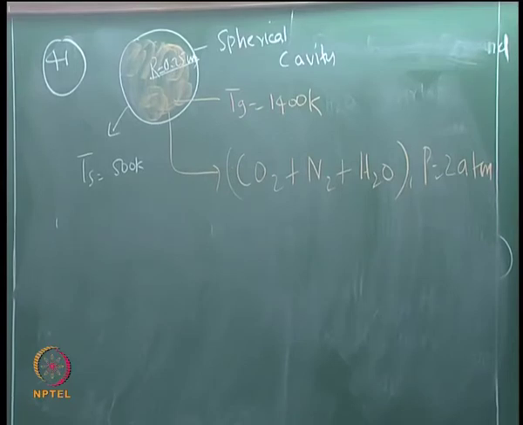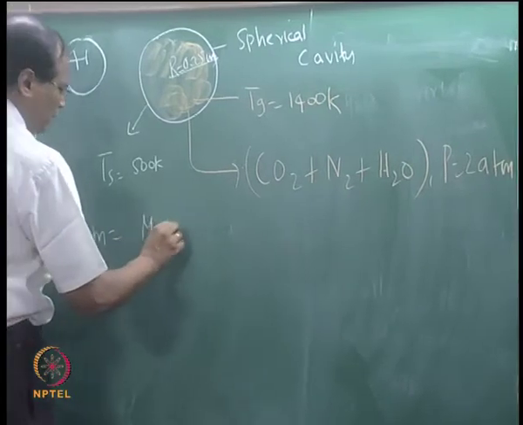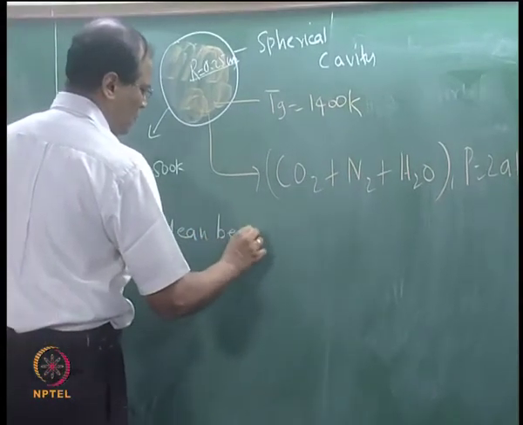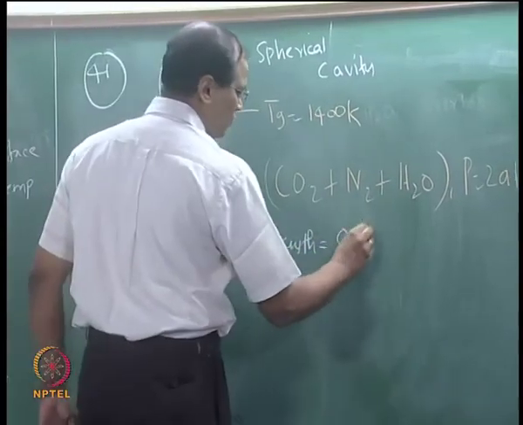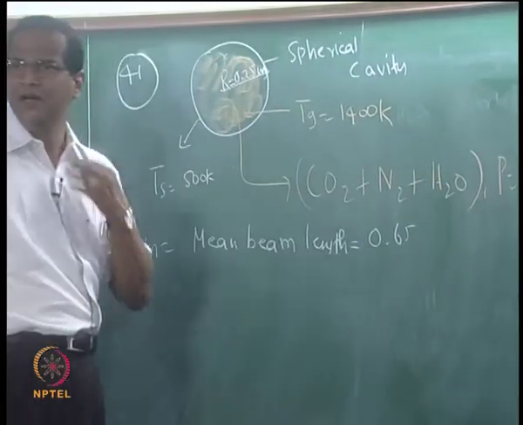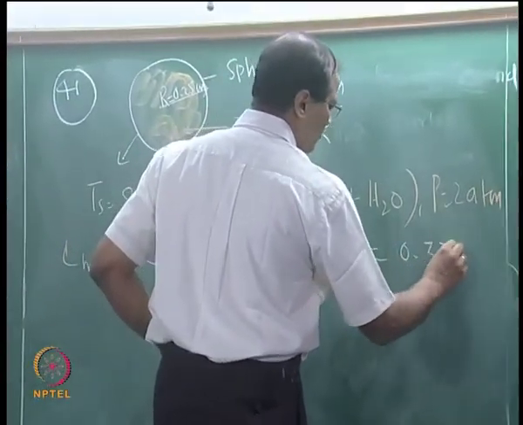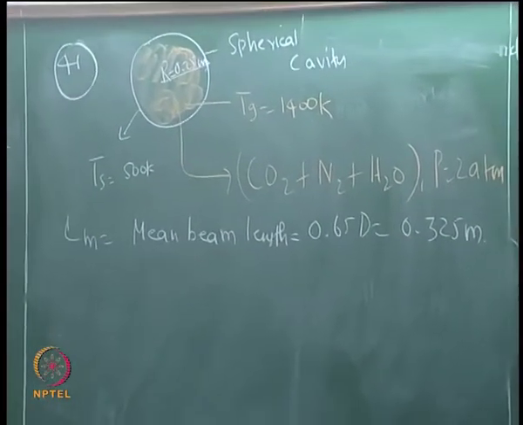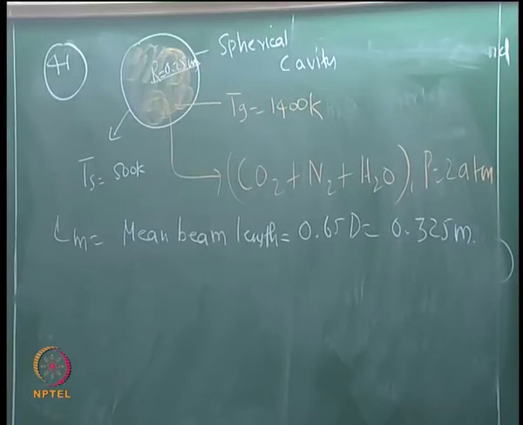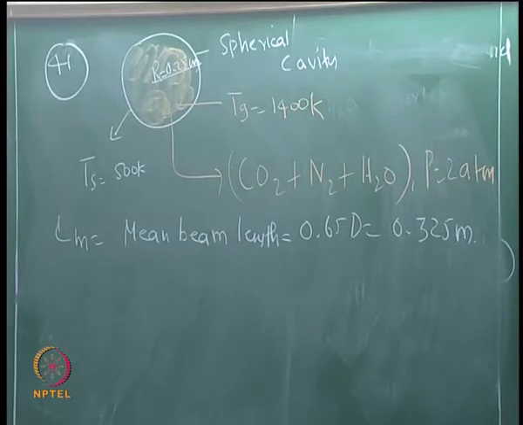First step is mean beam length. 0.65 D, very good. Okay. Next step is to write out all those factors. Okay. So PC into LM.